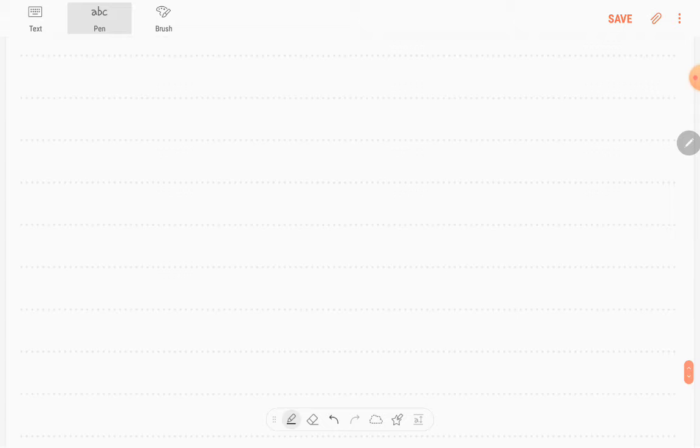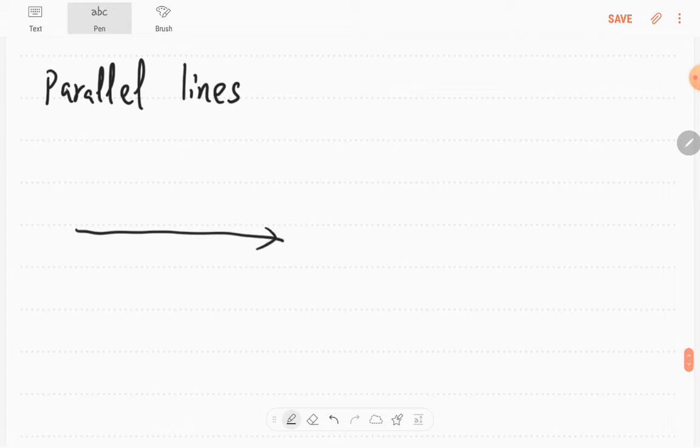Now let's look at the relation between two lines. Parallel lines. Parallel lines means that if you have two lines, they will never intersect each other.